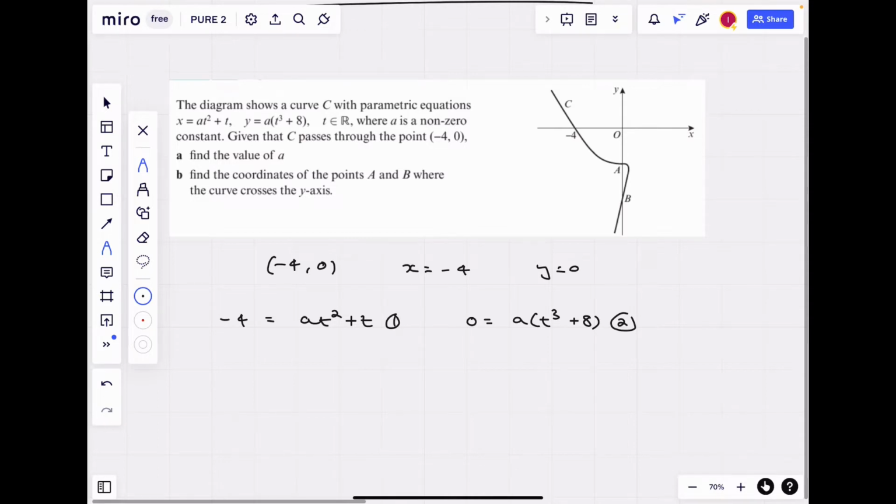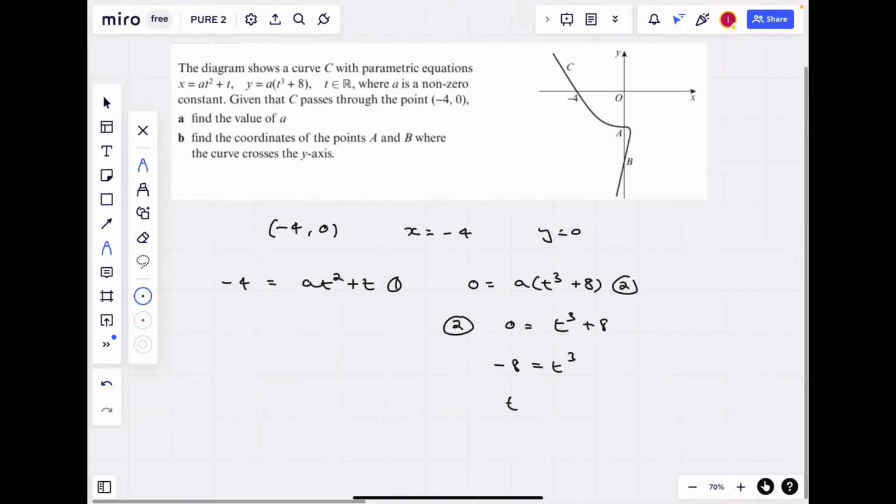If you try and solve equation 2 first, by dividing by a, you would get this. And now you take the 8 to the other side, it should be cubed. And now the cube root of -8 is -2.